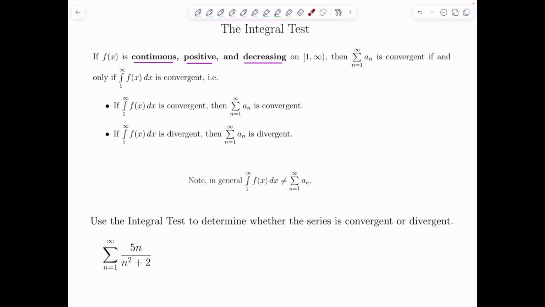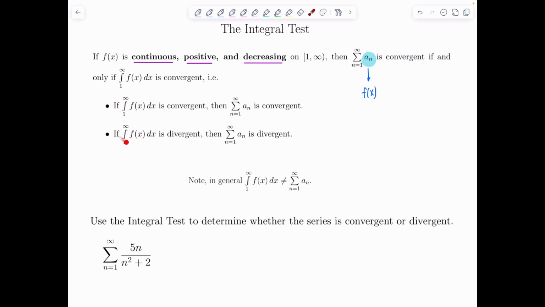And just to be super clear, when we refer to f of x, it's by taking a sub n and replacing all of the n's with x's and creating f of x. Okay? So basically, if you'll think back to when you first studied improper integrals where one of the limits of integration is infinity, that's one type of improper integral. You figured out whether or not they were convergent or divergent, right?